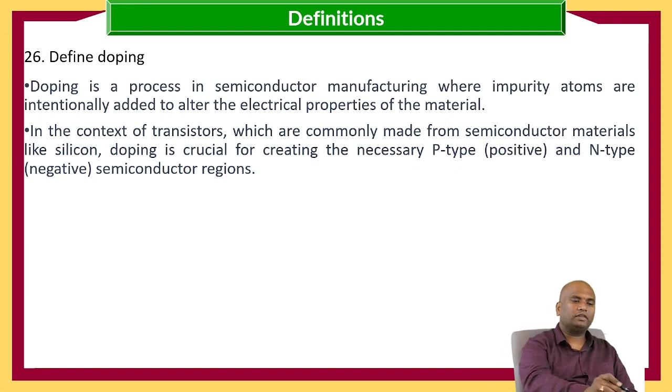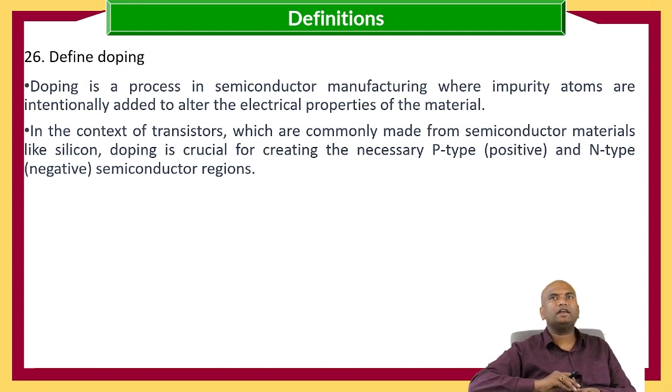Define doping. Doping is a process in semiconductor manufacturing where impurity atoms are intentionally added to alter the electrical properties of the material.